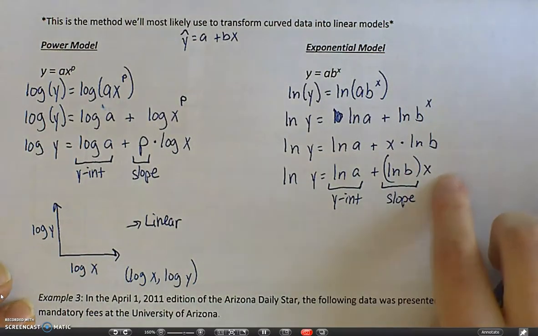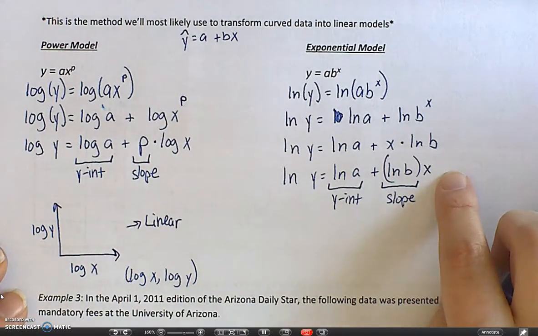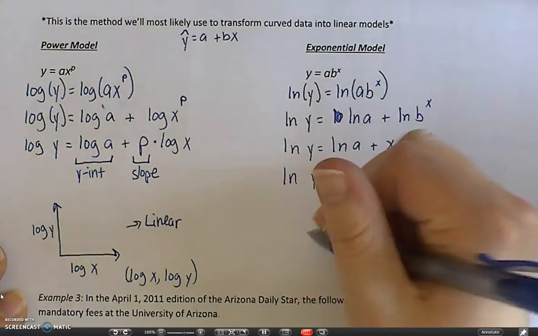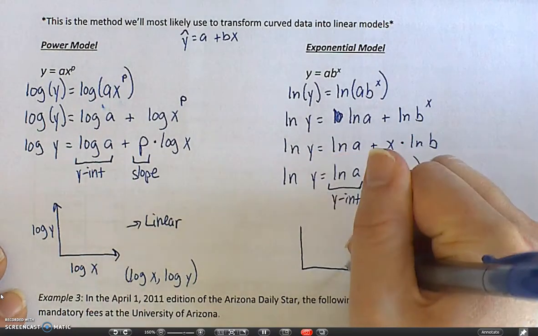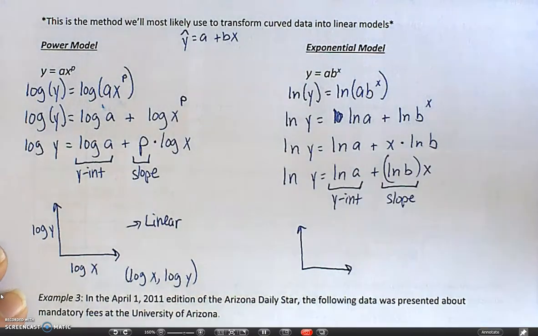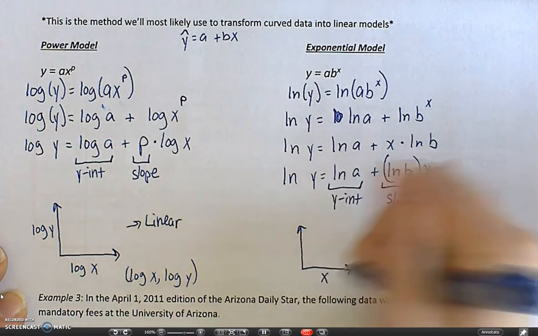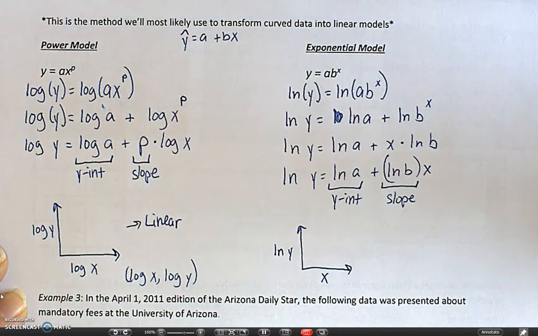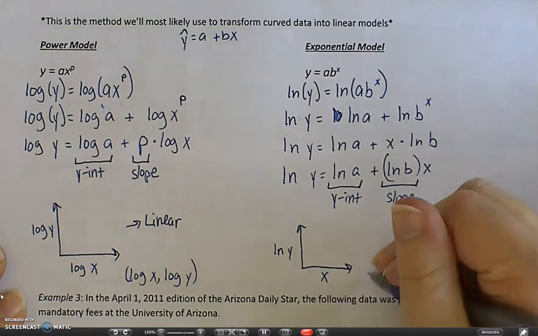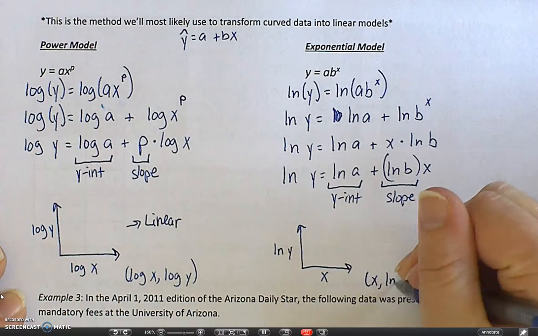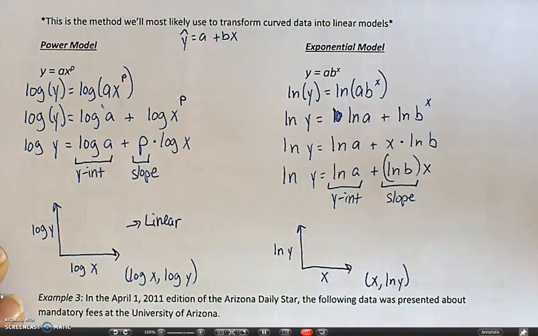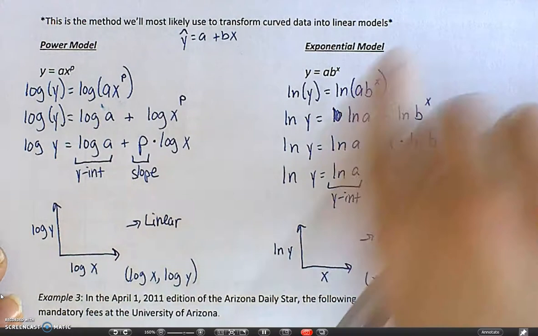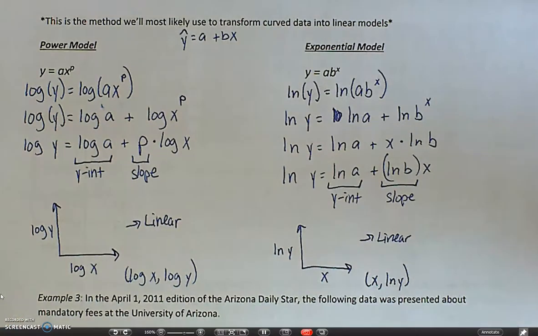So x is not having that log or natural log applied to it. So only the y is getting transformed. So when you graph it for an exponential model, it's still your x values down here, but it's your log or your natural log on your y-axis. So every coordinate is going to be x and the natural log of y. If this is linear, then you know exponential model is going to be your best fit.